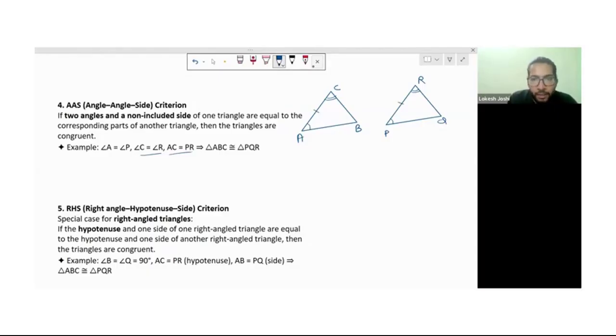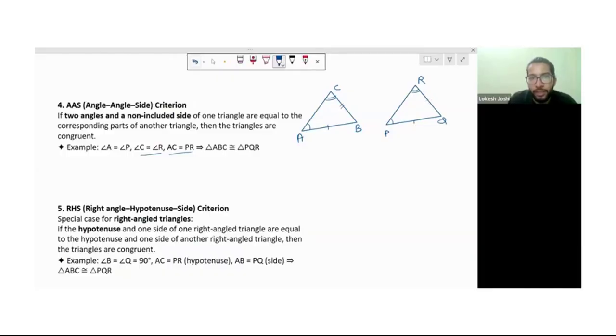Now in this one, we cannot take just any side. It's written there that we have to take two angles equal to the corresponding parts, and a non-included side. So we can take a side like AB and PQ, or we can take BC and RQ.